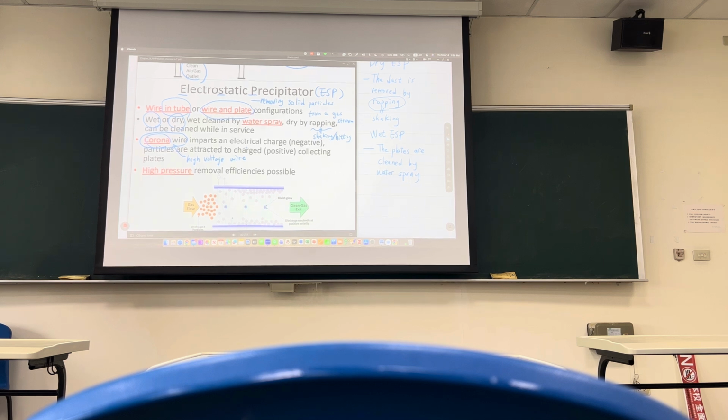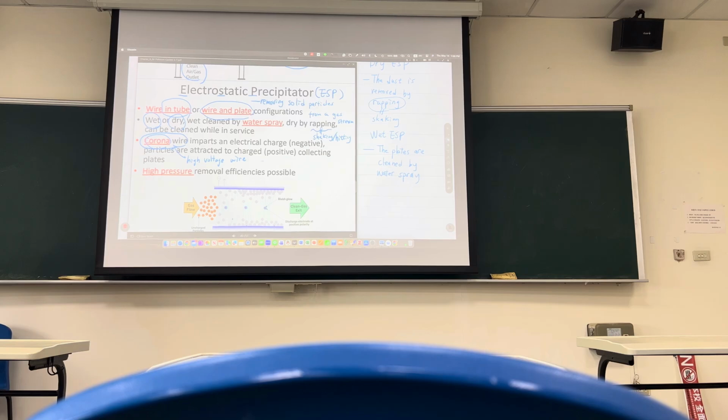Okay? So the electric field tries to ionize the gas. They apply an electric field and try to ionize the gas around the wire.